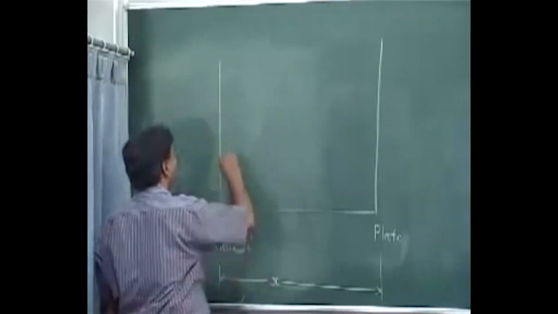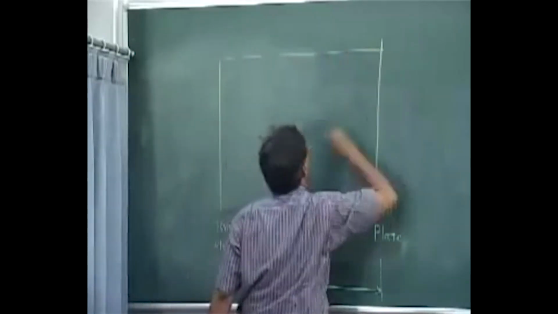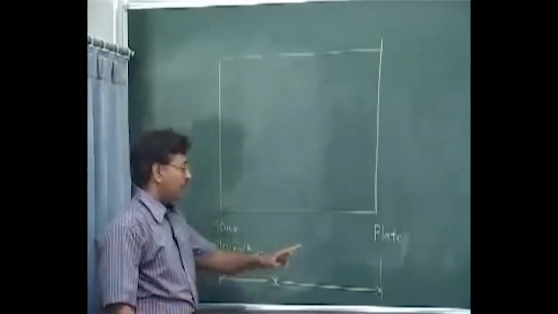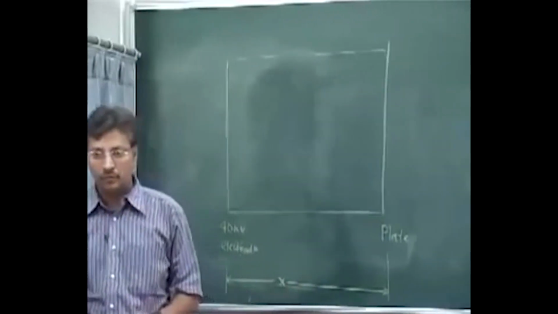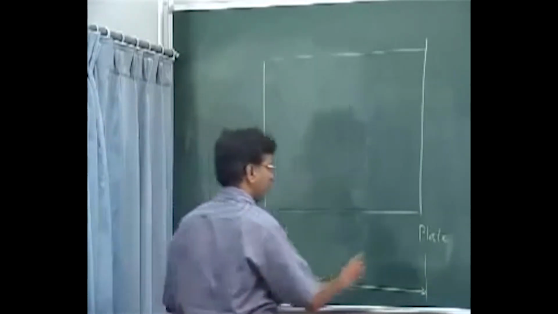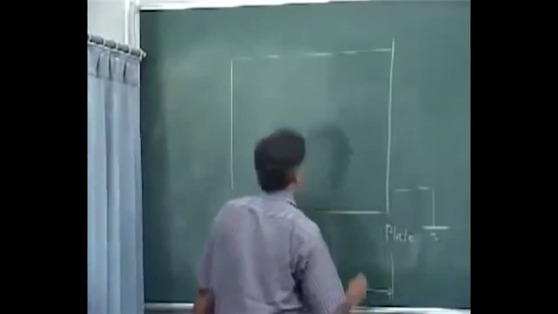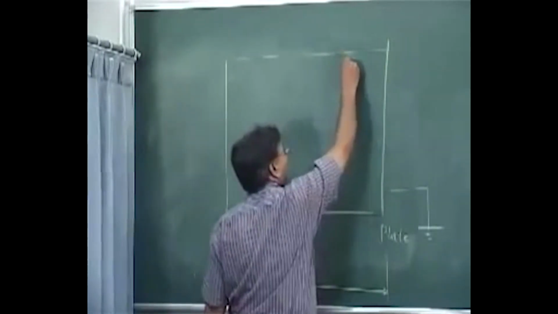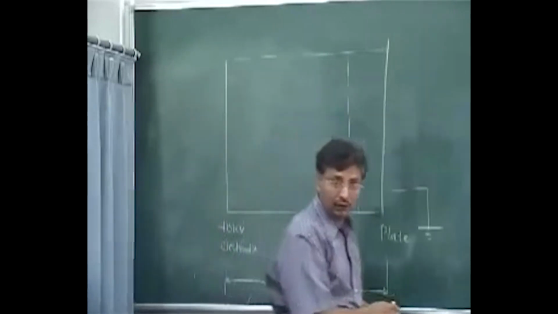And then you see here, what is the voltage at my plate? It is grounded, so 0. Okay, and then you see here at the plate there will be some cake formation that will take place.